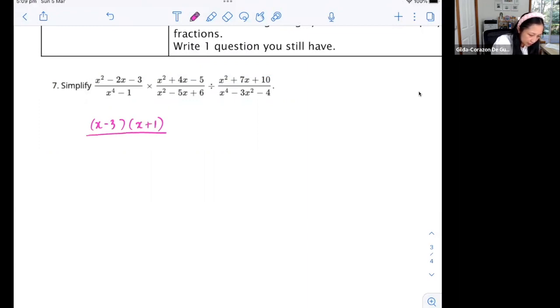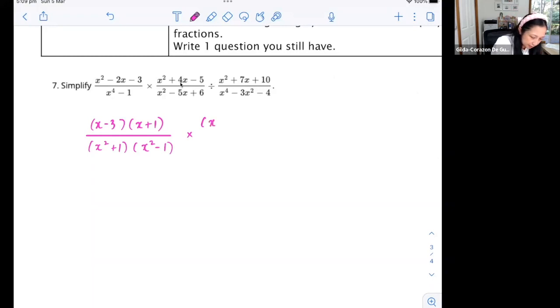What are the factors of x to the power of 4 minus 1? You could probably say it's x squared plus 1, x squared minus 1, right? Times it by factorizing x squared plus 4x minus 5 gives you, what are the factors of -5 that when you add, you get 4?